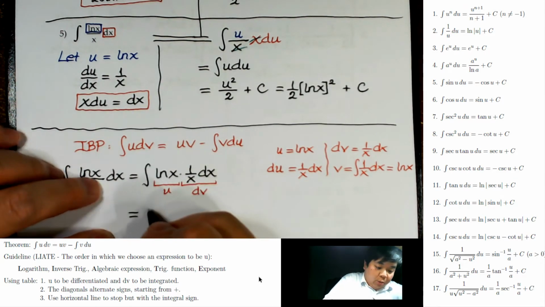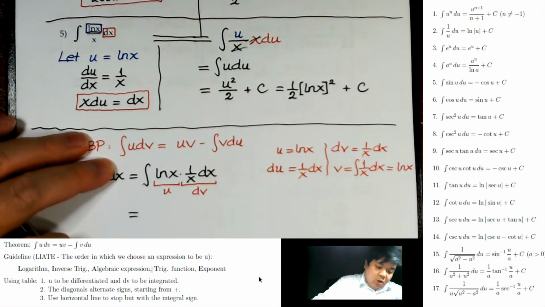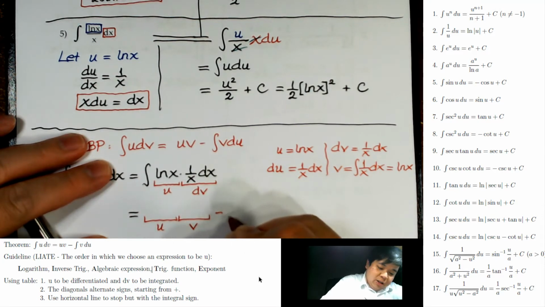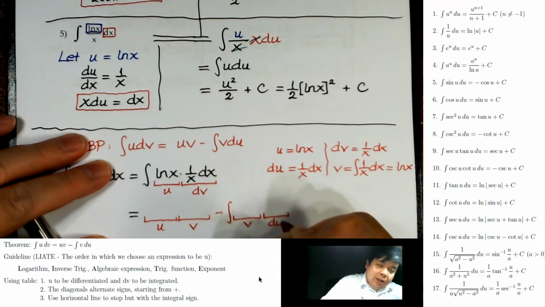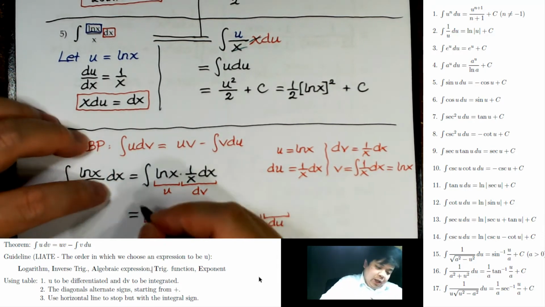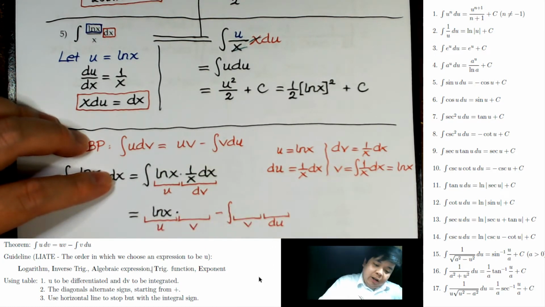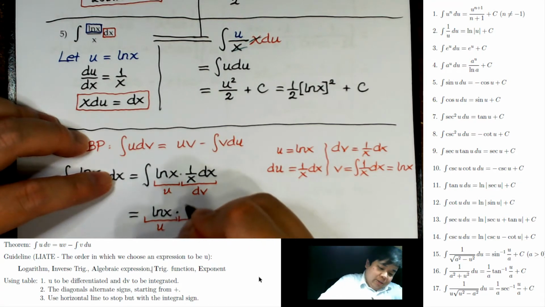Now we use the formula. Let me just write the formula first: uv minus integral of v du. So u is ln of x, v is ln of x.